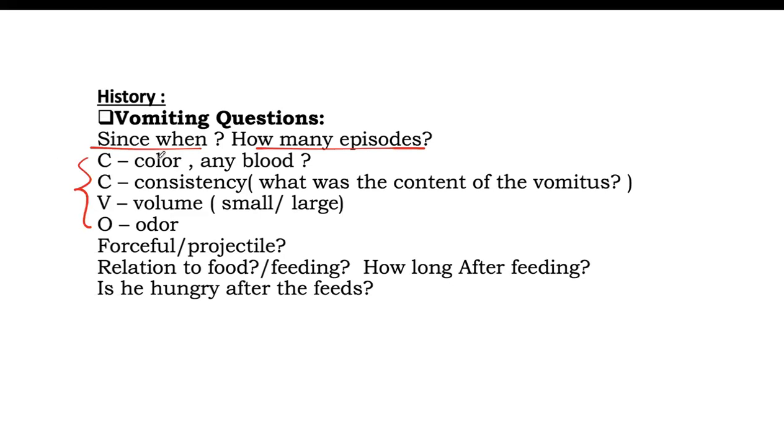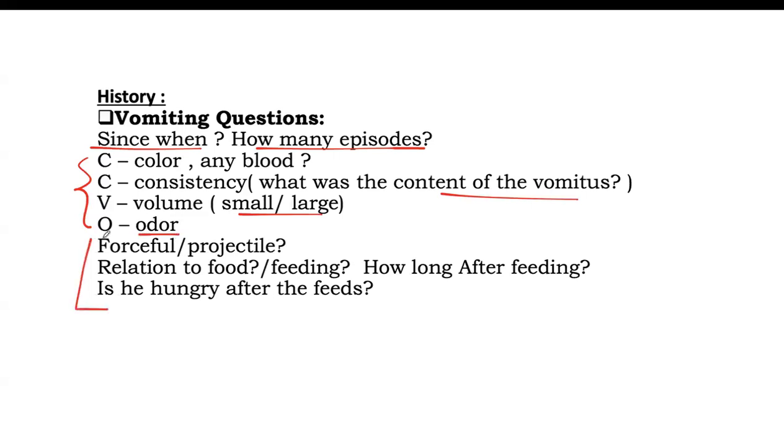If it is white, it means it is just the milk that is coming out, and most likely the problem is in the esophagus or the stomach. But if it is greenish, it means the problem is in the intestine. Have you noticed any blood in it? What is the content of the vomitus? Is it small or large in amount? Is it very foul smelling?